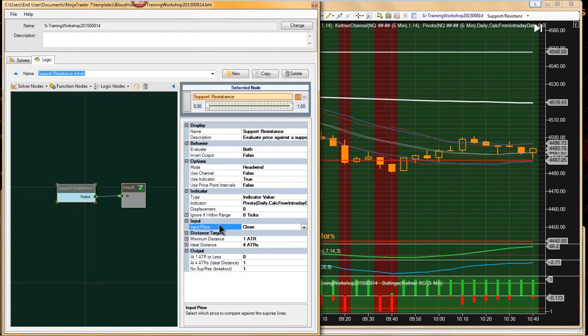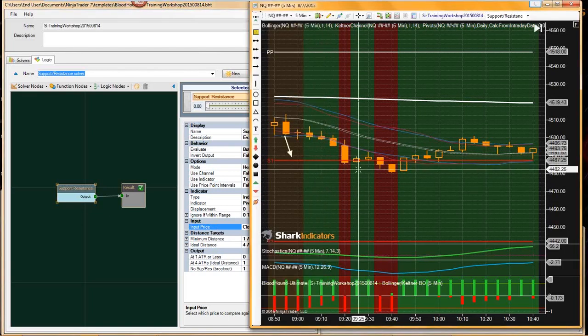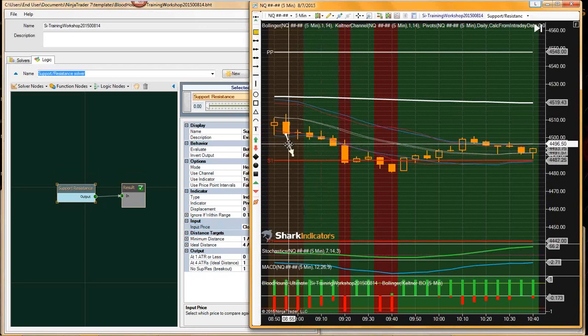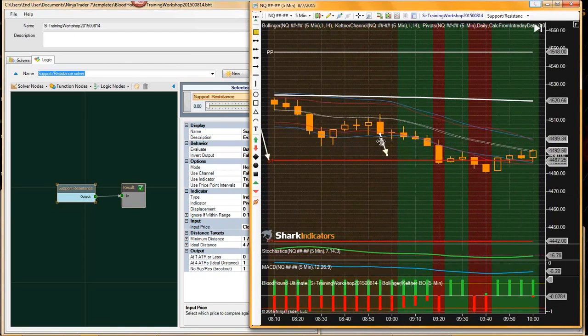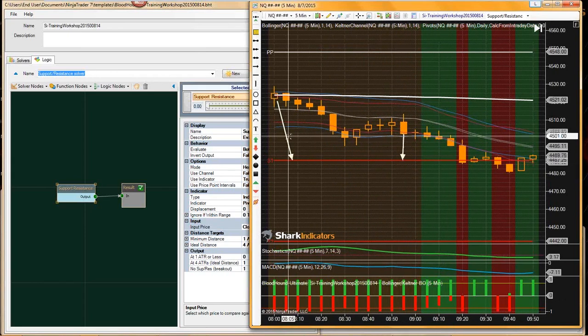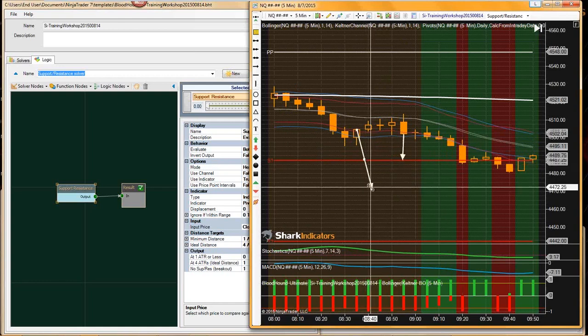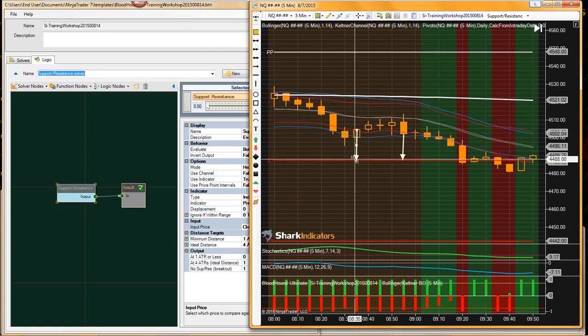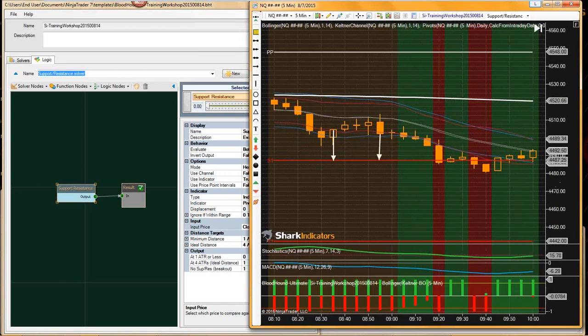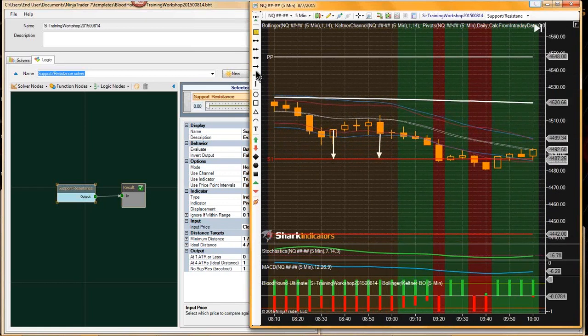Now there's an input option here. The default is the closing price. So the solver is going to be comparing the closing price of the bar and measuring it down to our nearest support line, like so. Like this bar, the hollow bars are up bars, so it would be comparing the closing price of the bar down to the nearest support.